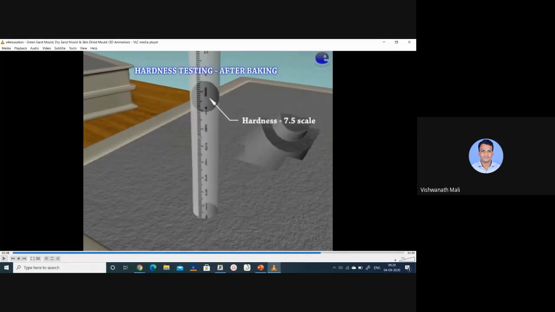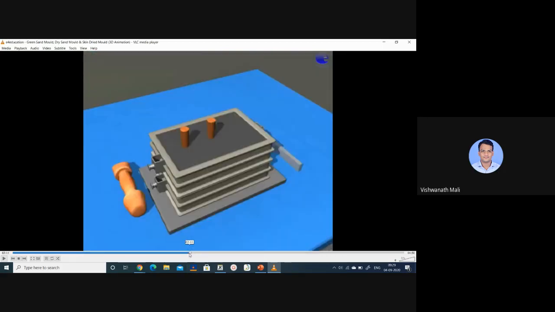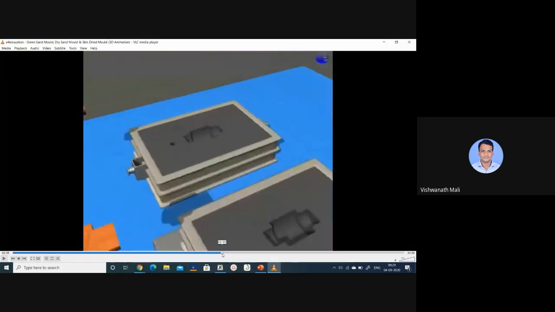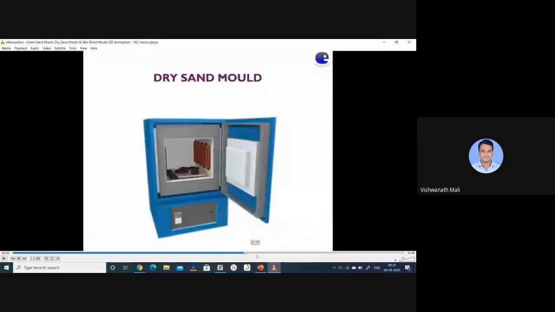After preparing the mold, we are removing that pattern, and whatever cavity is created within the flask, we are inserting into that baking furnace. Once it is kept in the furnace, we heat it up to a temperature of 100 degrees Celsius or around, depending on the molding sand.